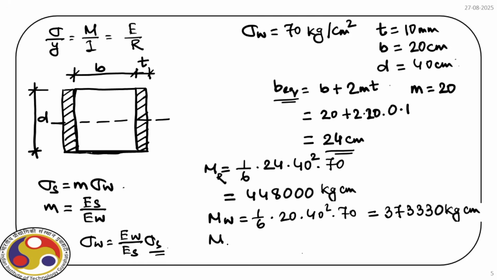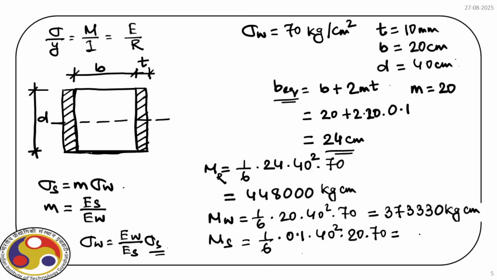and the moment of resistance of the steel part is 1/6. Thickness is 0.1, that is the width of the steel part, then again 40 square times the sigma S, which is 20 times sigma W, that is 70.